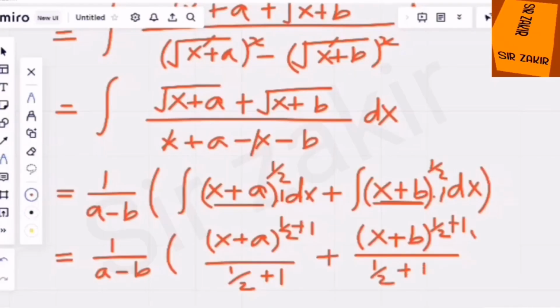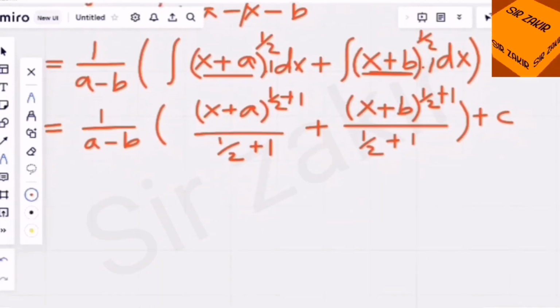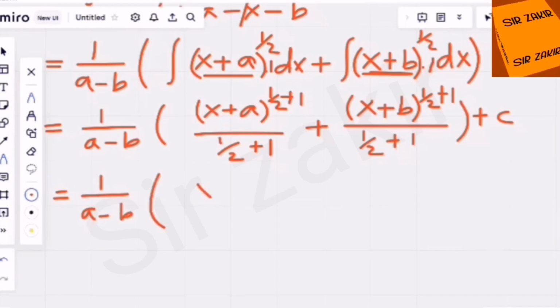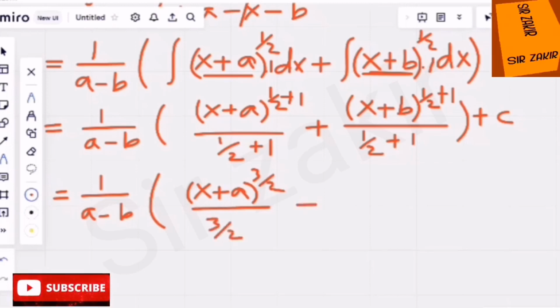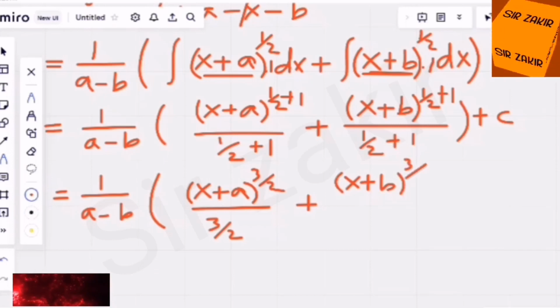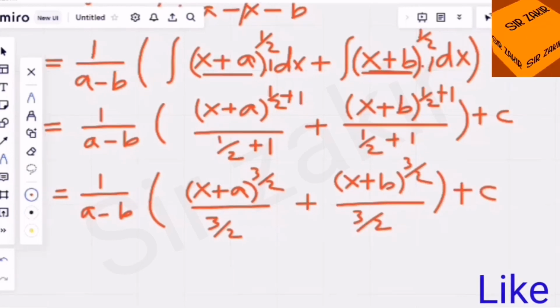Here the integration is completed, so we just simplify it now. 1 by a minus b, x plus a power 3 by 2 divided by 3 by 2, plus x plus b power 3 by 2 divided by 3 by 2, plus c.